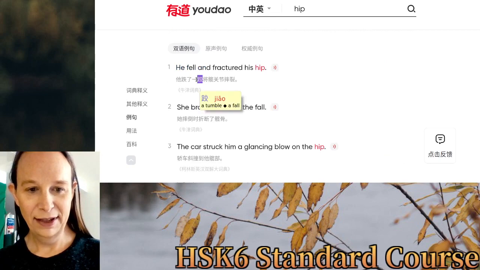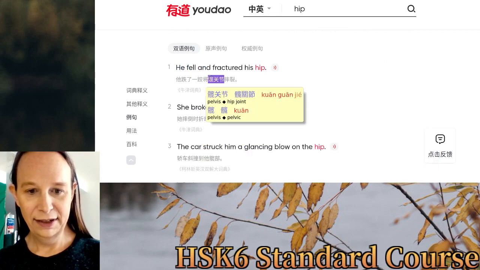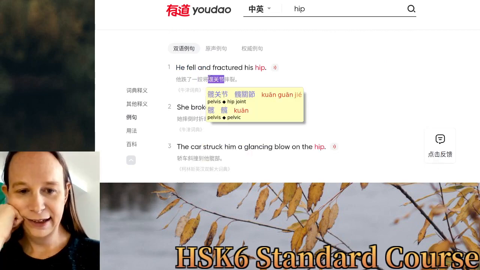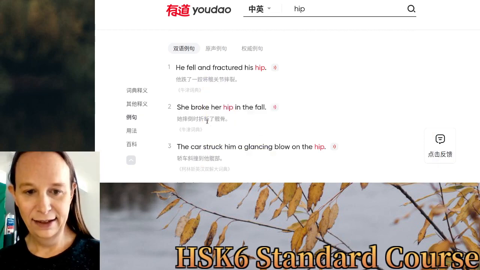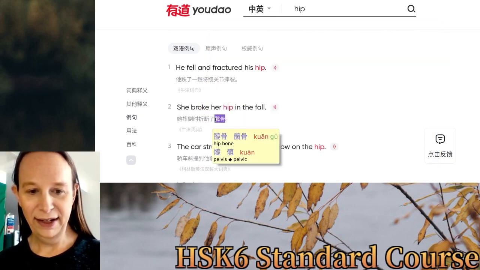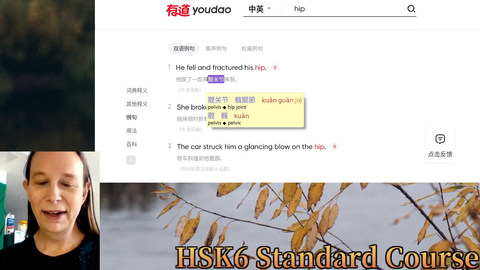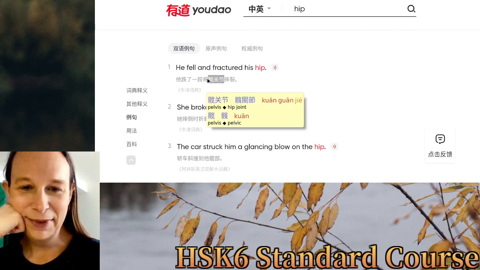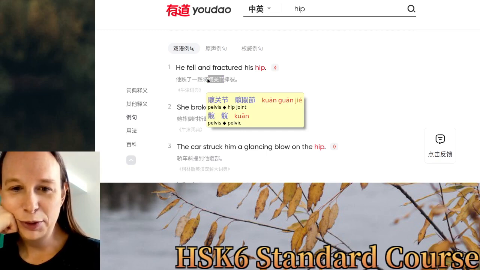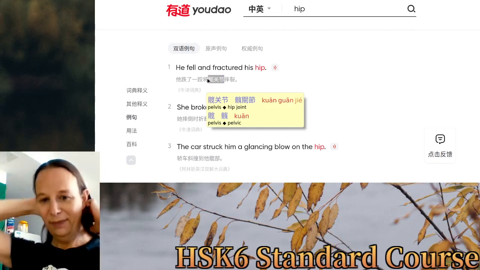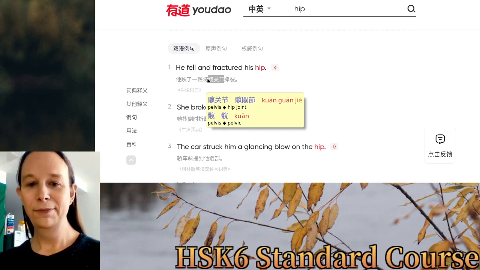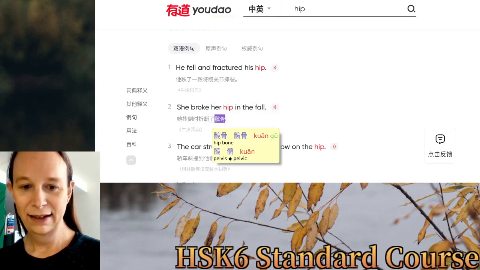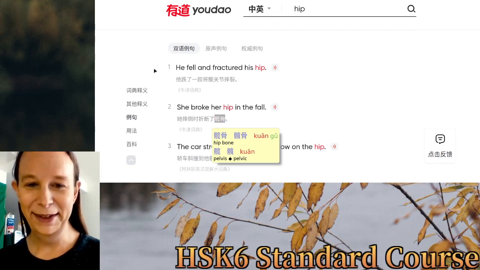Actually his hip, 它的这个髋关节 pelvis, 髋骨 hip bone. Maybe I don't know the difference between these words in English. Pelvis and hip, are they the same thing? Hip joint. A pelvis is a hip joint. Okay. Whereas 髋骨, hip bone. I don't know what the difference is between those words.